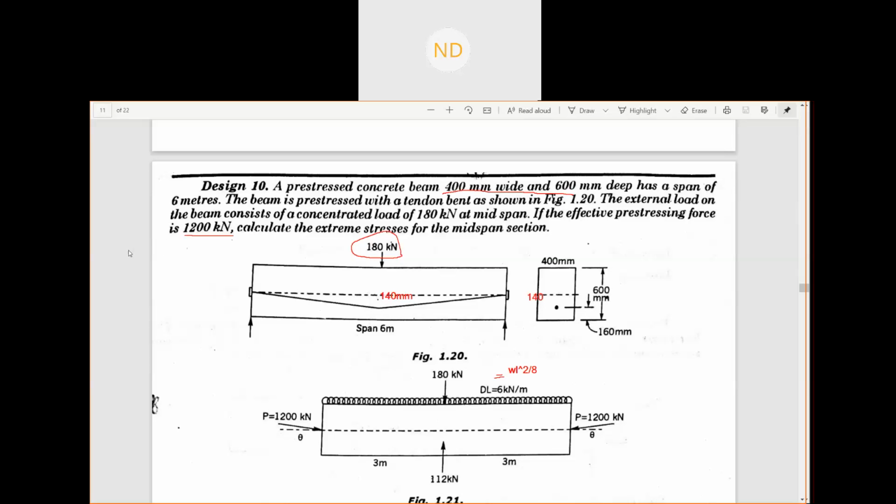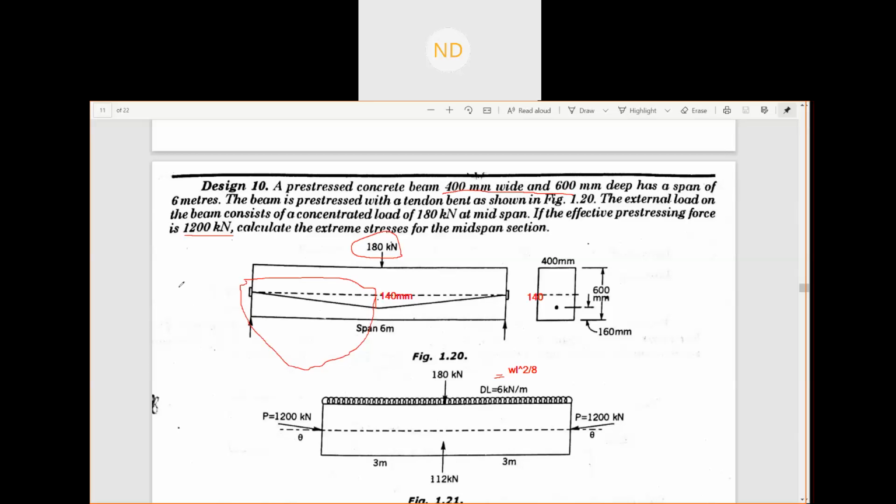So now, since this is a bent tendon, we have to consider this portion here, and we can calculate tan theta.